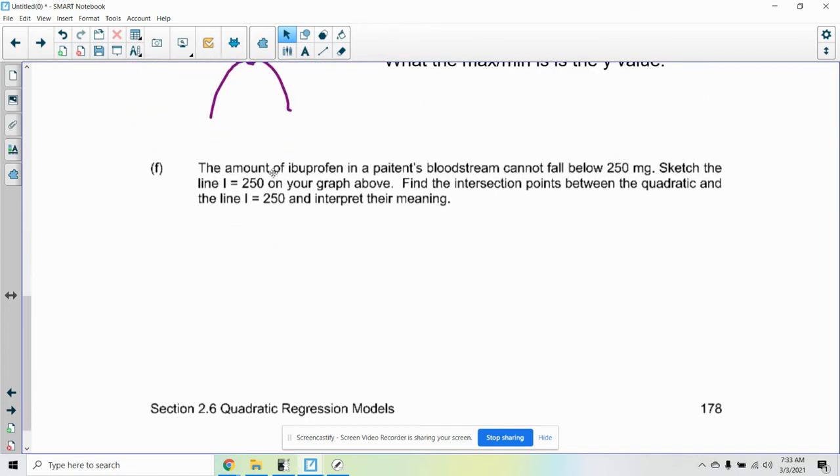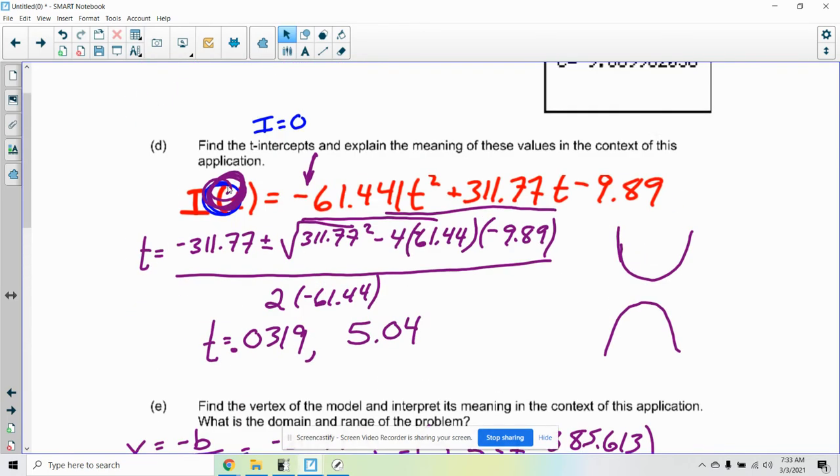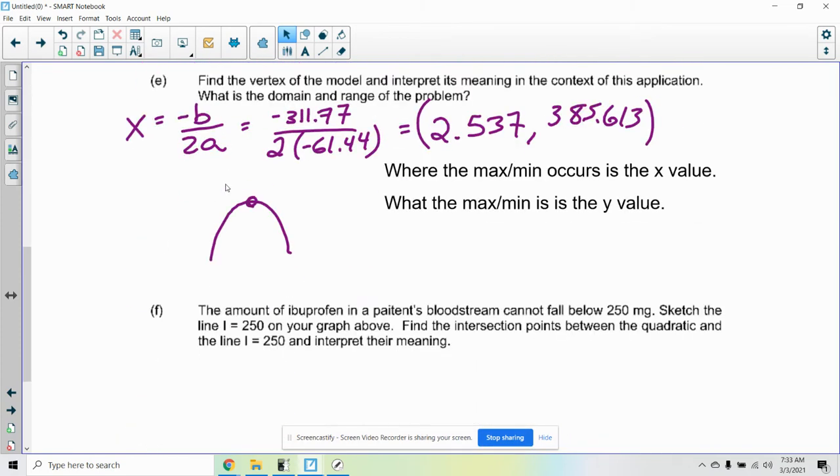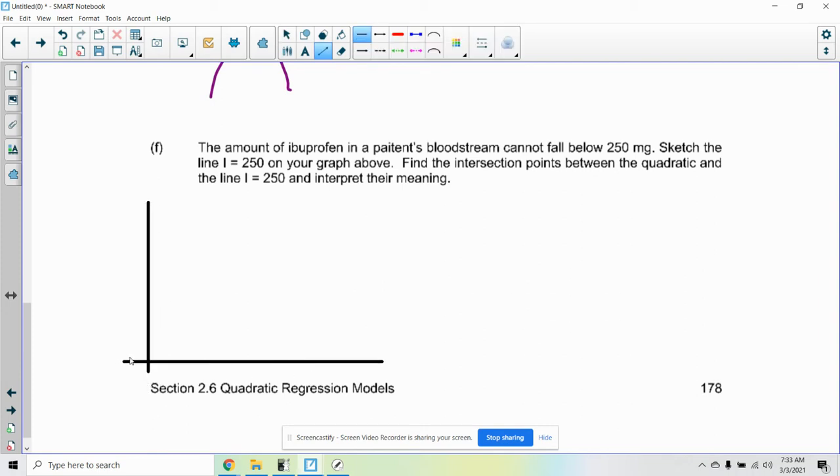This says the amount of ibuprofen in a patient's bloodstream cannot fall below 250 milligrams. So I don't think we have a graph up here. They were in the calculator. We're not going to do that. So I'll just rough sketch it for us. We'll say it's roughly 0 to 5.